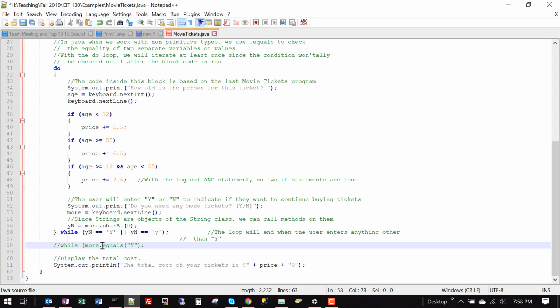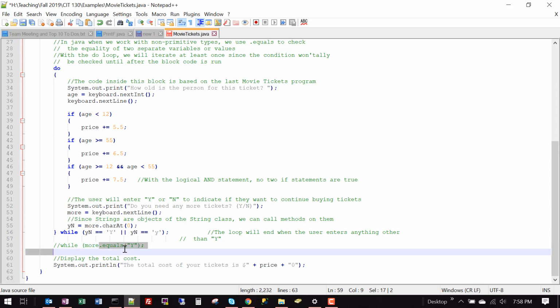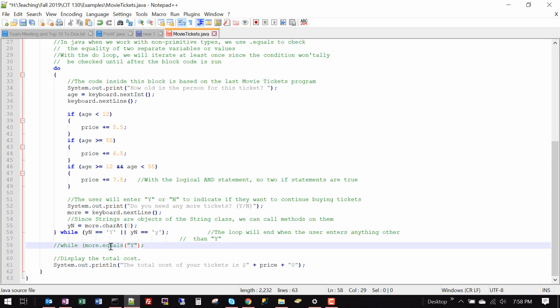For now, just understand that when this is not a primitive type, but a variable of a class type like keyboard or more, scanners and strings, which are the two we've worked with so far, we need to use the dot equals, which is a method of comparing the two, as opposed to the double equals.